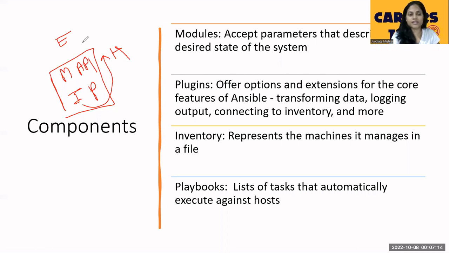All of this, like playbooks, is written in a simple language which is YAML. And then how do you find out if there is a delta? There is this DB, the CMDB, which contains the current state of your host machine.